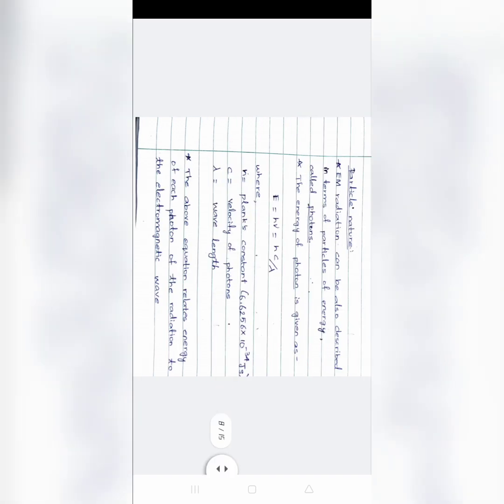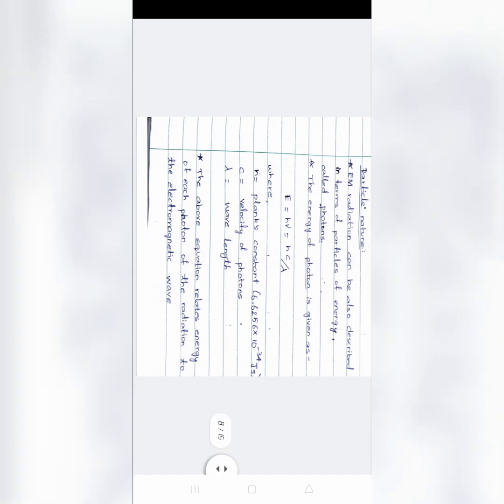So we will discuss the particle nature of the wave. Our electromagnetic wave also behaves as a particle. It is described as particles of energy moving in a direction, and these particles are known as photons. The energy of these particles is equal to h times nu, where h is Planck's constant and nu is frequency.